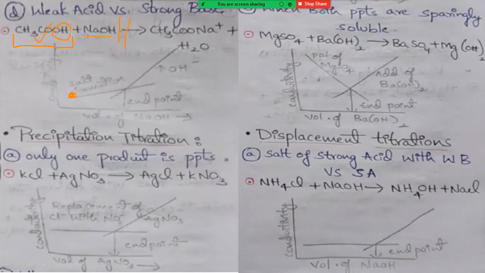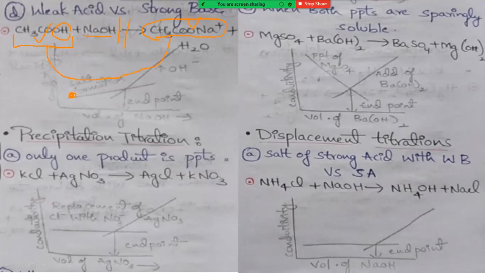Slowly, after adding NaOH, what happens? Here also we form a conjugate salt, sodium acetate, which also has higher conductivity than a weak acid.